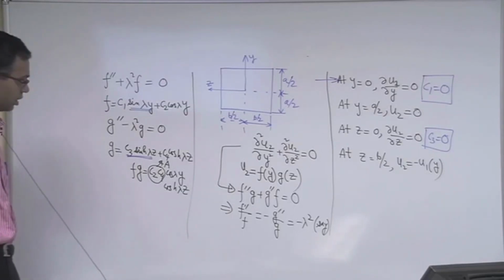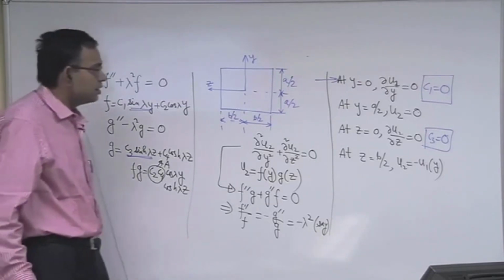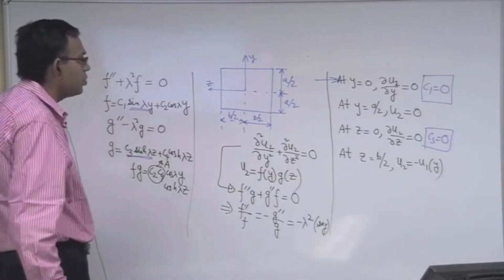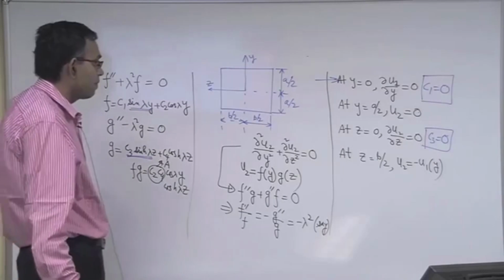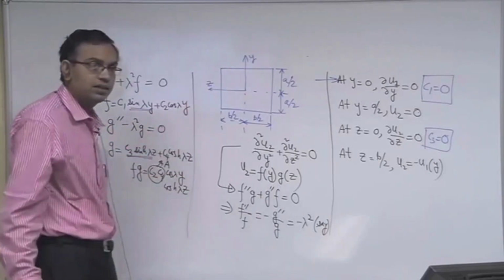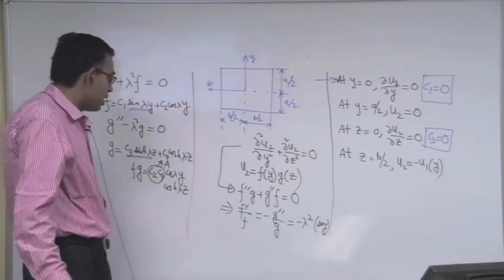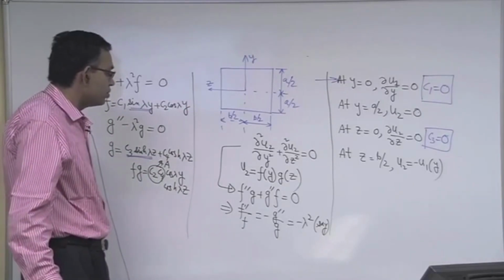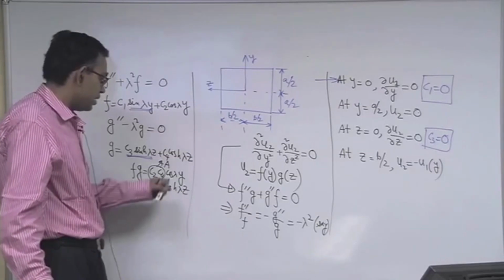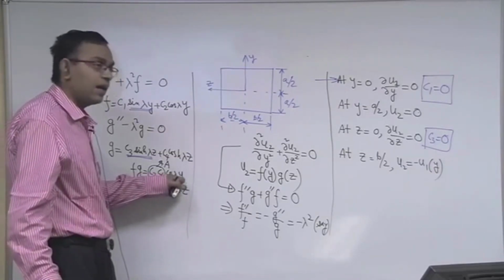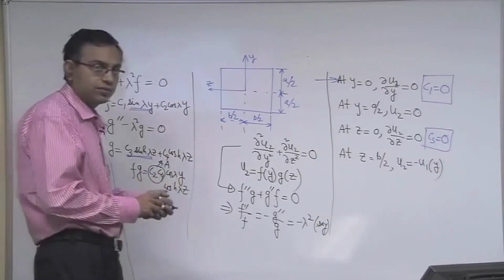Now, you have at y equal to a by 2, u2 equal to 0. So, we apply the second boundary condition. At y equal to a by 2, u2 equal to 0, that means cos lambda a by 2 is equal to 0.